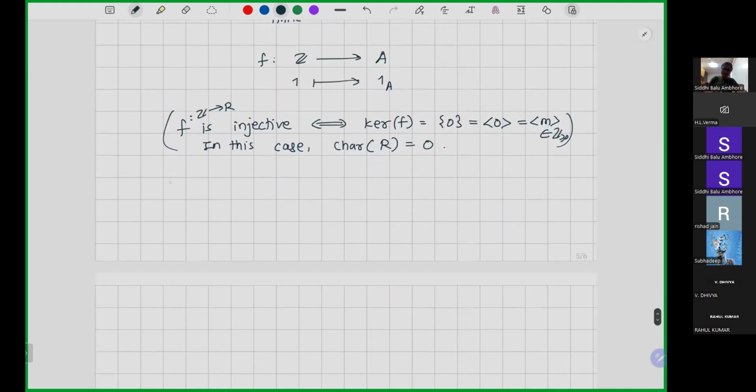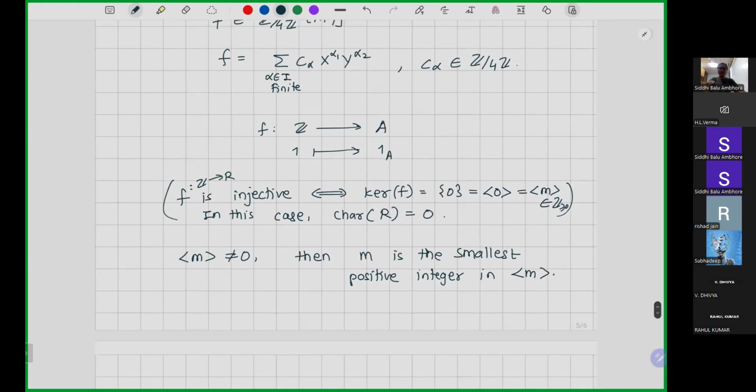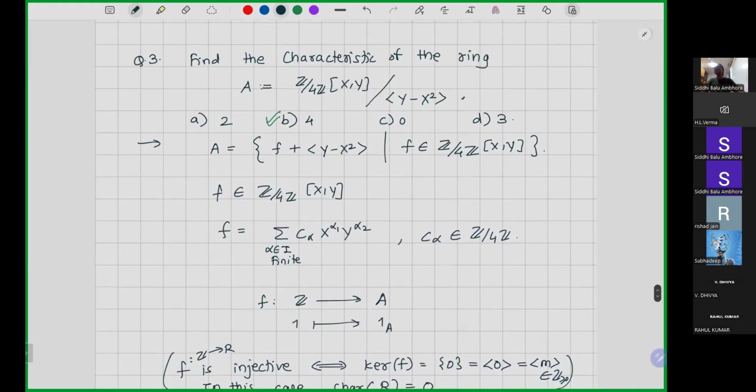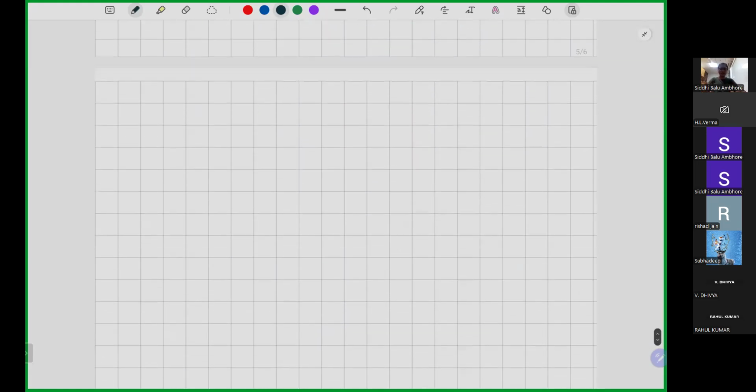So if this M is non-zero, then M is the smallest positive integer in this ideal. This is what I'm saying, and that's how we will be doing it. So the guess is 4. So we will see where the images of 1, 2, 3, and 4 go.